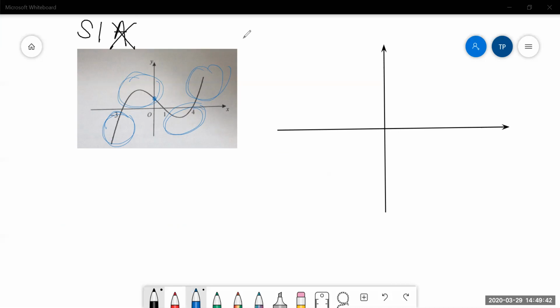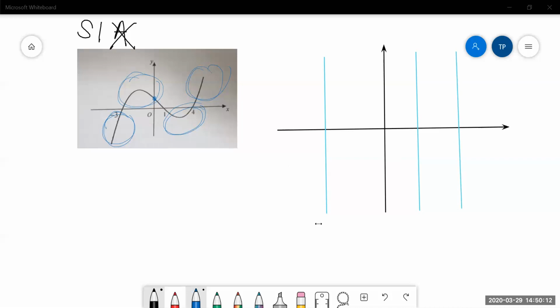The whole world will be very proud of you. No, but okay, so how many vertical asymptotes are there? Like 3, because we have one at -3. We have one at 1. And we have one at 4. Make sense?